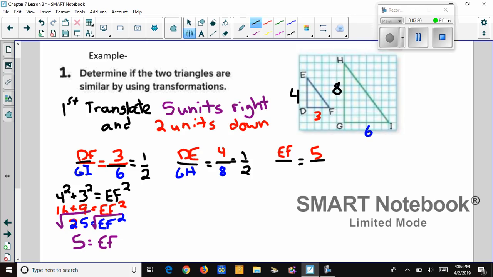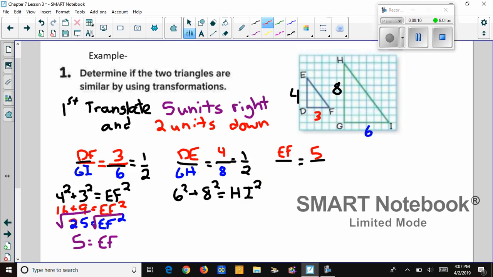We're going to do this one more time, but with our numbers for GI and GH. This time, we could have 6 squared plus 8 squared equals HI squared. Now, I know there are some teachers who tell you that you want to have the smallest number first, and I realize I broke that when I did 4 before 3. Check it. You should find that you would get the same answer.